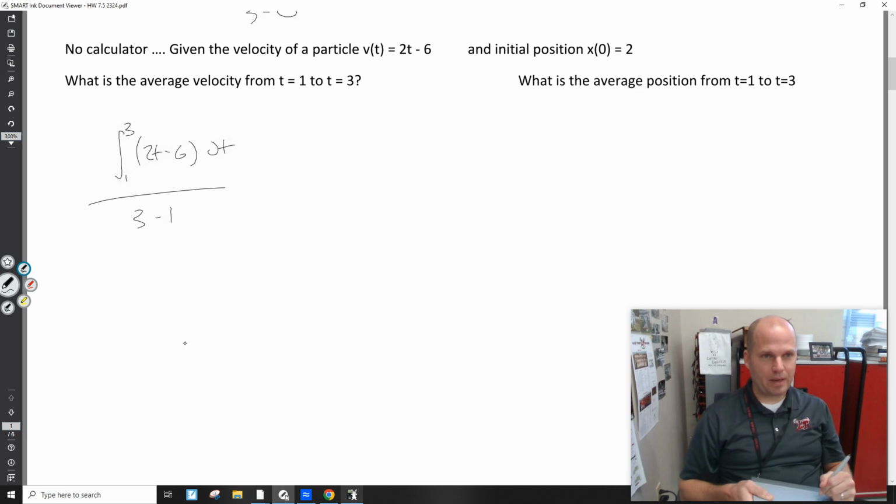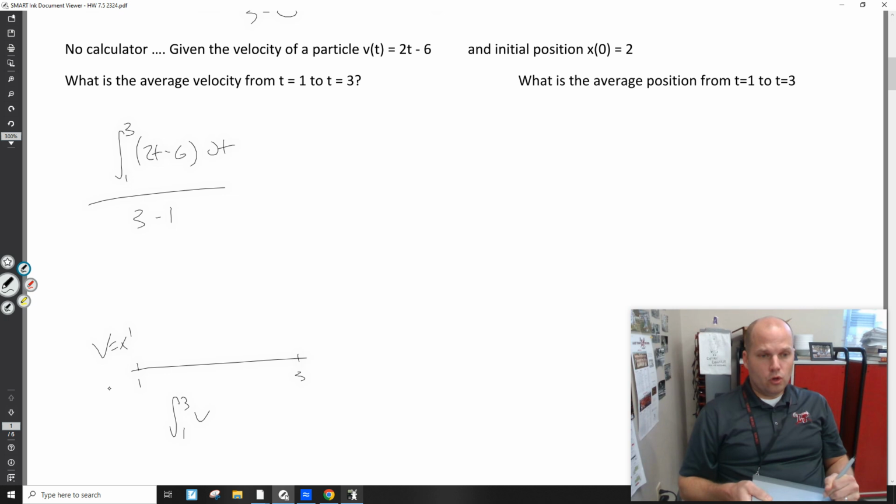So let's think about this. The accumulation from 1 to 3 of V in my sign analysis, because V is a derivative, can be found by looking at the change in my position. I can use x of 3 minus x of 1.